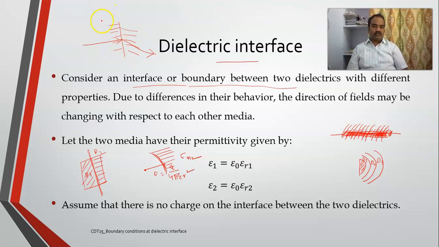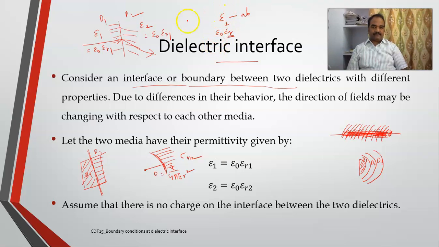So I am considering two dielectric materials, D1 and D2, and the permittivities of these two materials are epsilon 1 and epsilon 2, which are equal to epsilon naught into epsilon r1 and epsilon naught into epsilon r2. We have discussed this epsilon r. Epsilon is called the absolute permittivity, which is a combination of these, right? This is called the relative permittivity or dielectric constant.